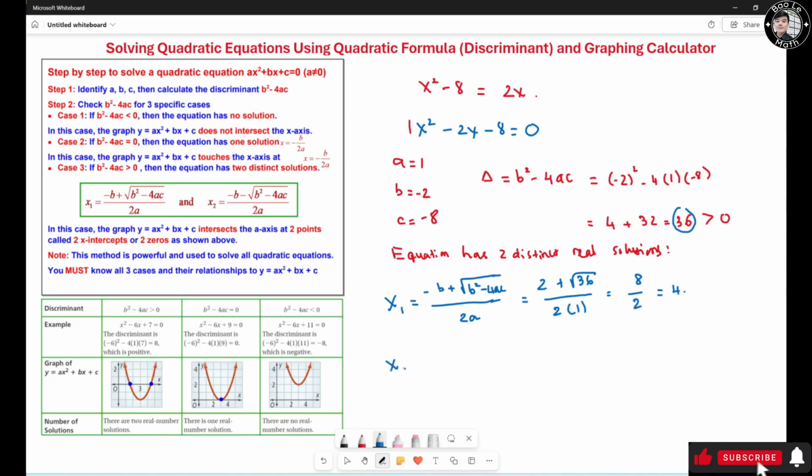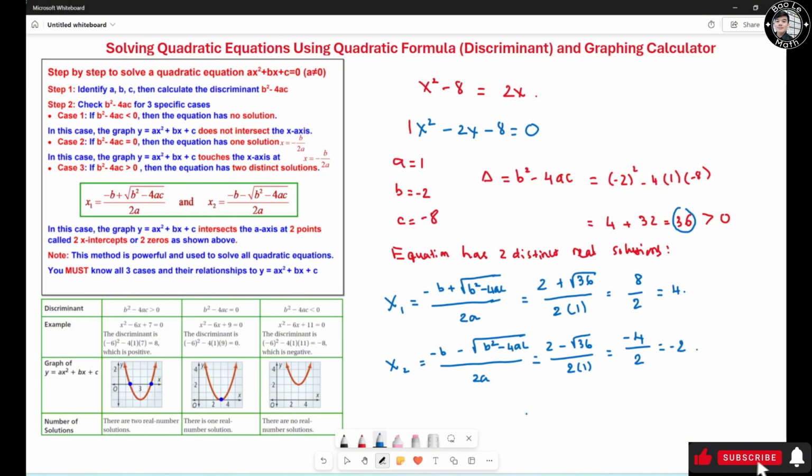Now S2 equals negative b minus the square root of b squared minus 4ac over 2a. So it turns out to be 2 minus the square root of 36 over 2 times 1. The square root of 36 equals 6. So 2 minus 6 is going to be negative 4 over 2, so it's going to be negative 2.